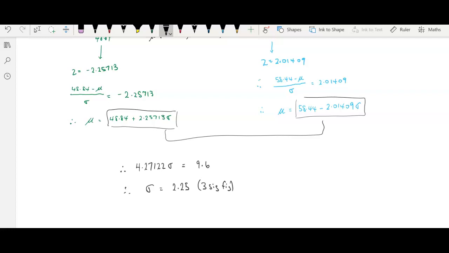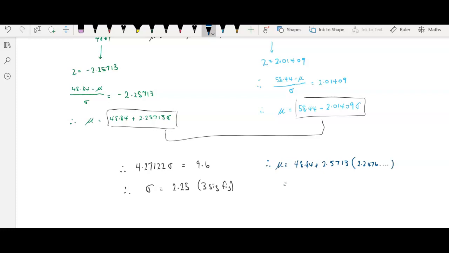And I can use that now to find my mu, so therefore mu is equal to 48.84 plus 2.25713 by this 2.2476. Use the calculator to display there.